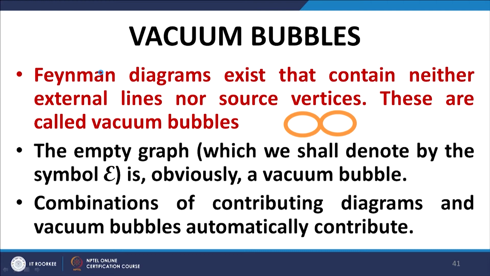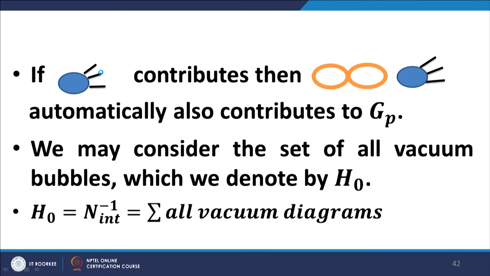The property of these vacuum bubbles is this, that if a particular diagram contributes to a green function, then the diagram together with a vacuum bubble will also contribute to the green function. In other words, if this particular diagram contributes to a green function, then this diagram together with this constituent vacuum bubble also contributes to the green function.